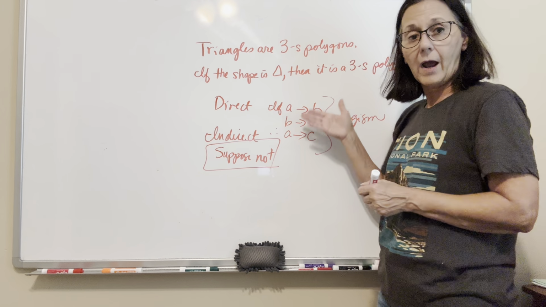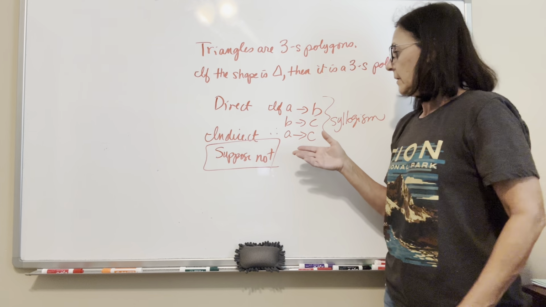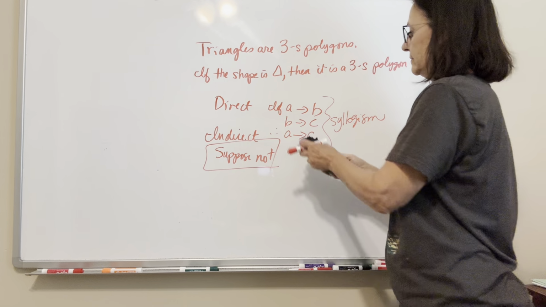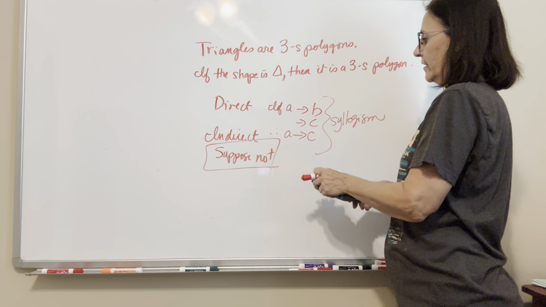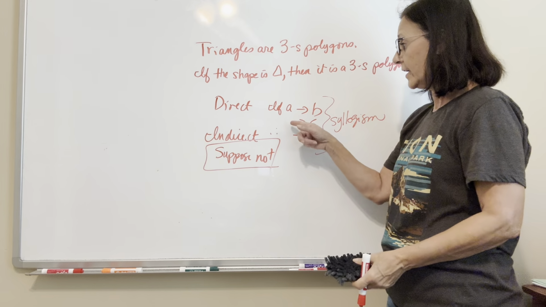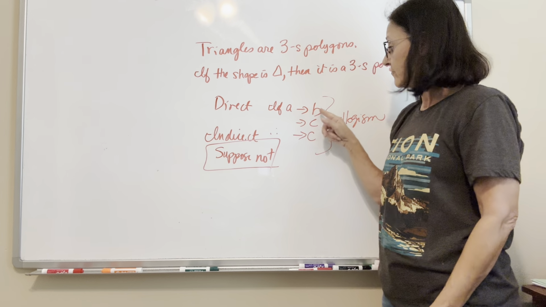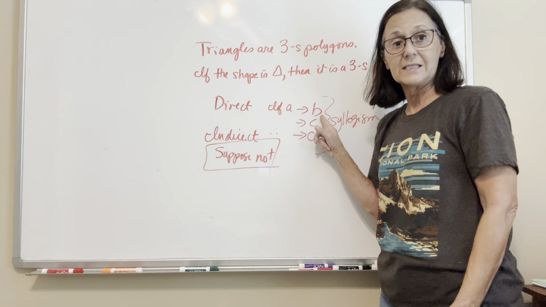You've got to be able to write missing statements in a proof. If I didn't give you B here and I didn't give you A here and I said write it, you've got to know that the hypothesis from this premise comes from the conclusion of the previous statement.